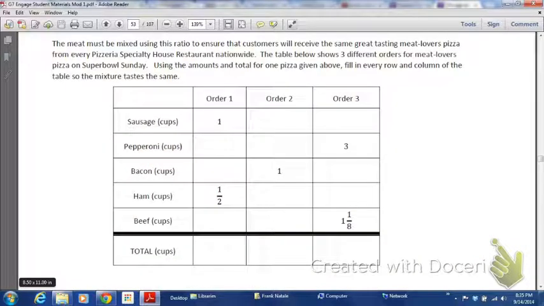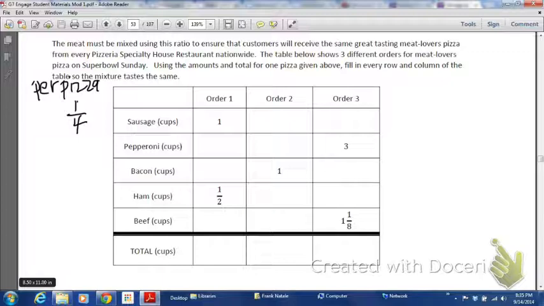So if we know that each pizza has 1/4 a cup of sausage in it, that's for 1 pizza. This is our per pizza, and this is our rate. Per pizza for sausage is 1/4. Each pizza has 1/4, and order 1 has a whole cup of sausage in it.